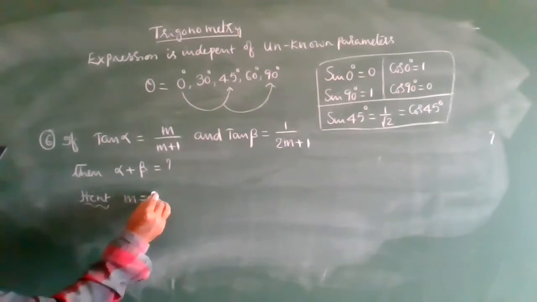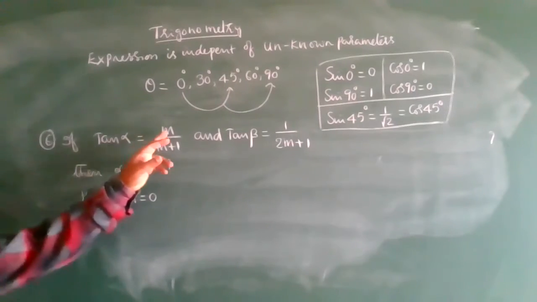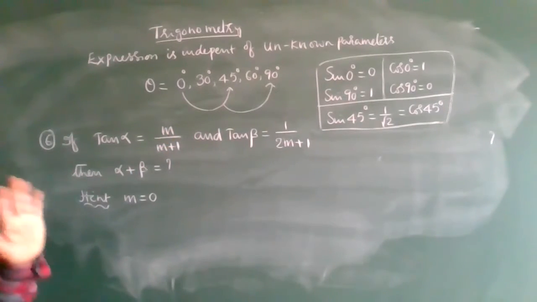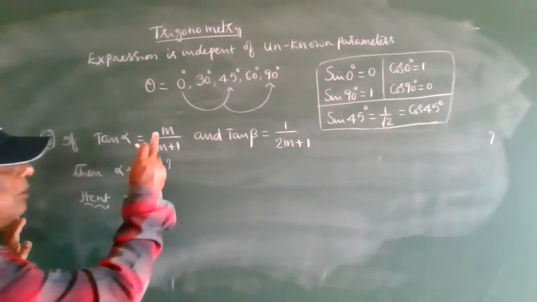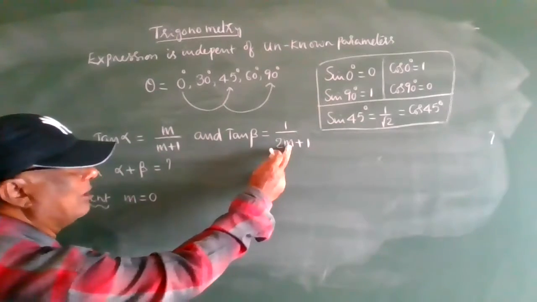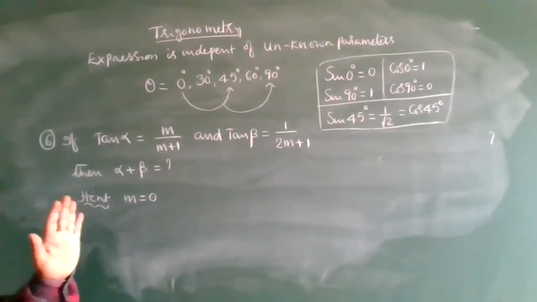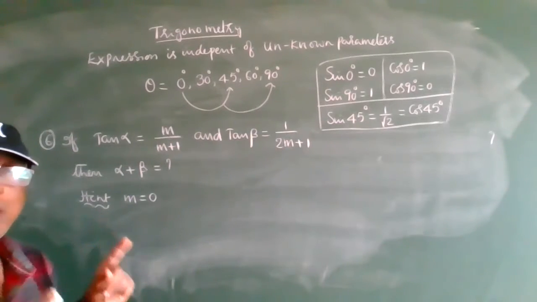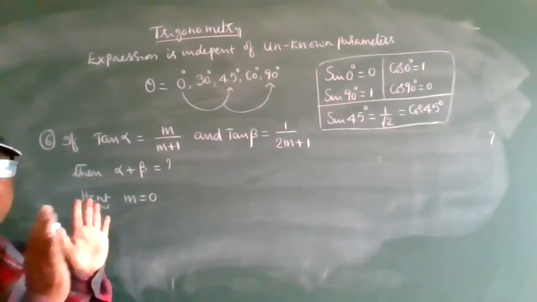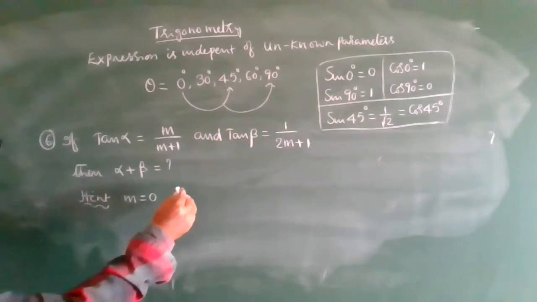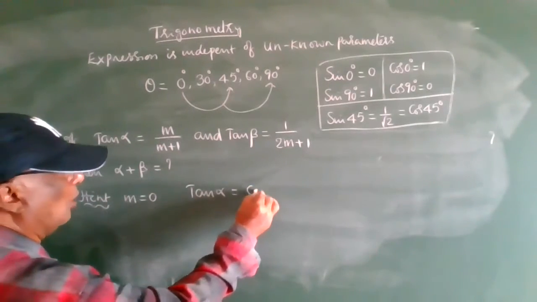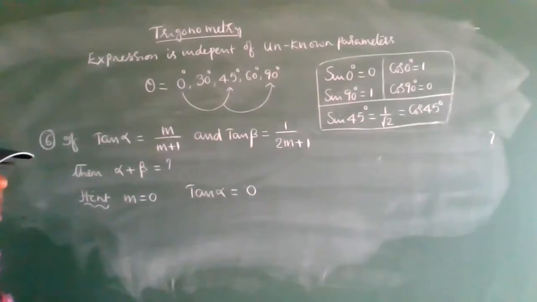Don't take angle as 0. Okay? So unknown value is the m. Unknown value is given means angle is also unknown, but the unknown value should be taken as 0. Write down tan alpha is equal to 0 by any number is 0.